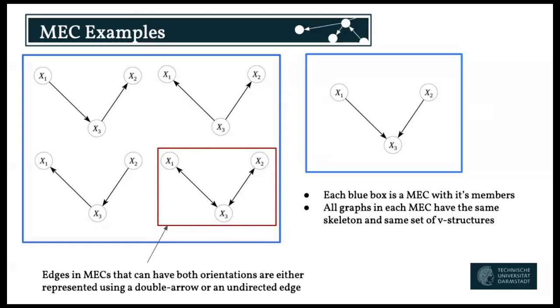These graphs essentially represent exactly the same Markov equivalence class, so they encode the same d-separation statements, and the distribution entails the same conditional independencies. And normally you would represent this visually as an undirected edge.